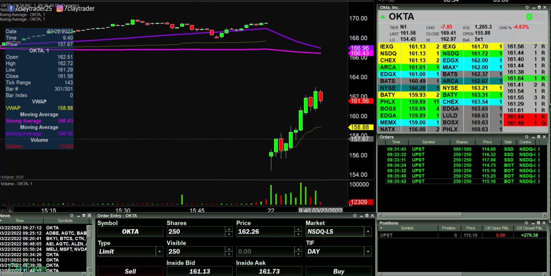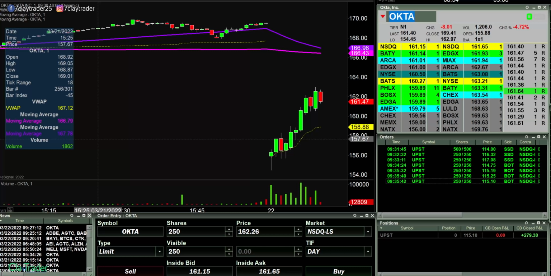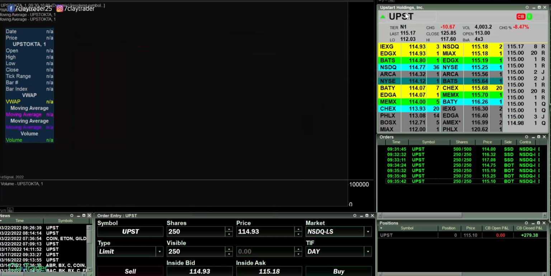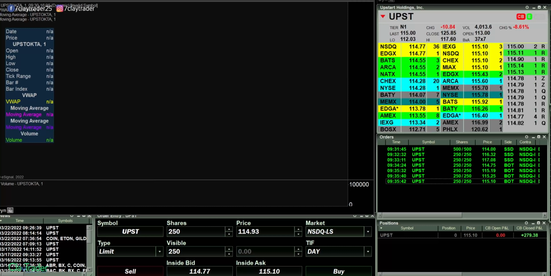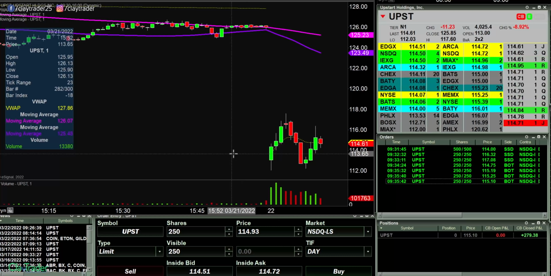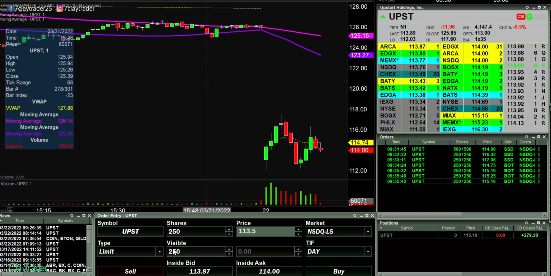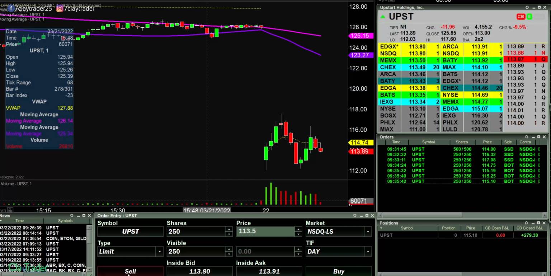Remember watching other things off screen, so I'm looking at a couple other stocks. I don't necessarily see. Well, I'm going to keep an eye on UPST. Maybe another setup develops. All right, I will pause for now. All right, watching 113.50 here as an area to get short.